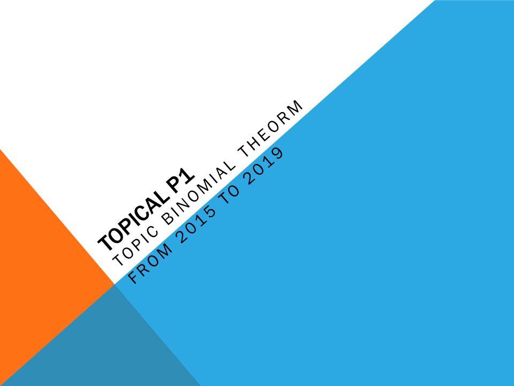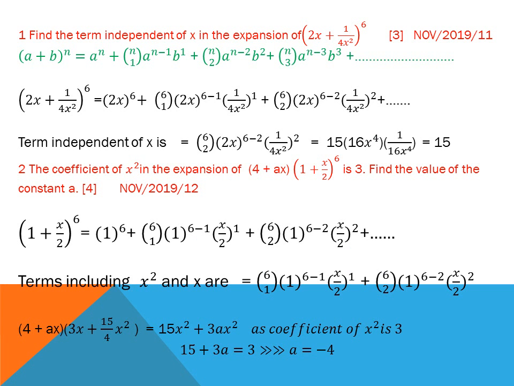It's a very large time for preparing one topic in 10 days, so it's an easy way. It's very easy for you to start from the topical solutions of P1.